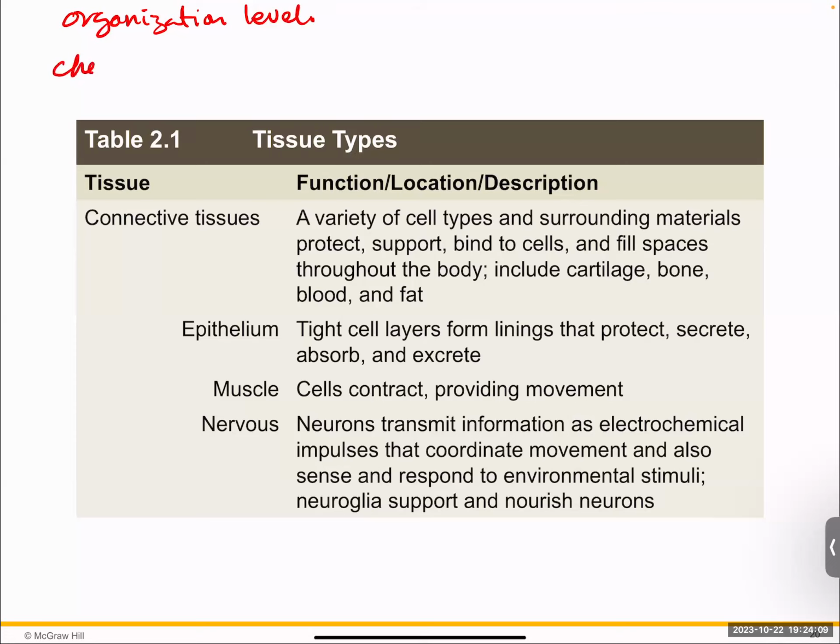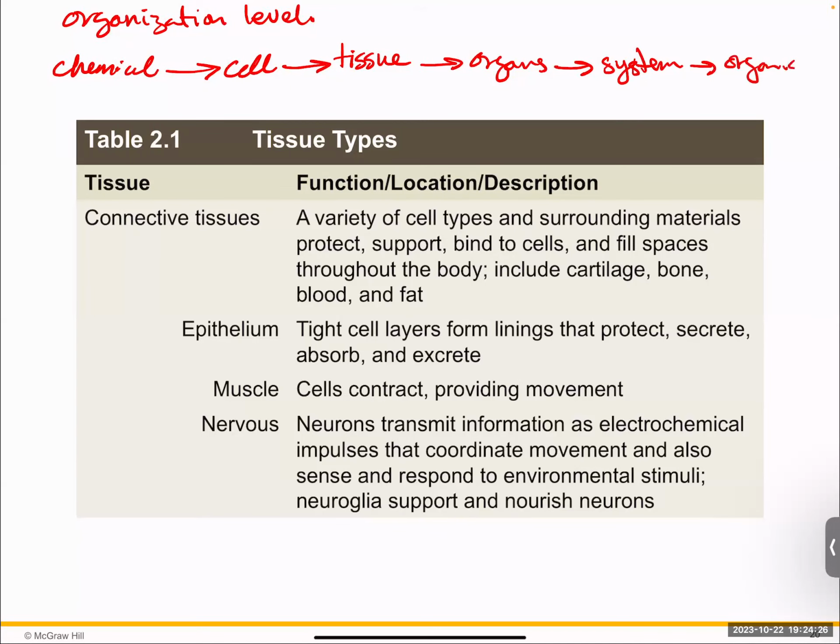To highlight it again, the chemical level gives rise to cells. Cells give rise to tissue. Tissue gives rise to organs, your systems, organism, and then population.